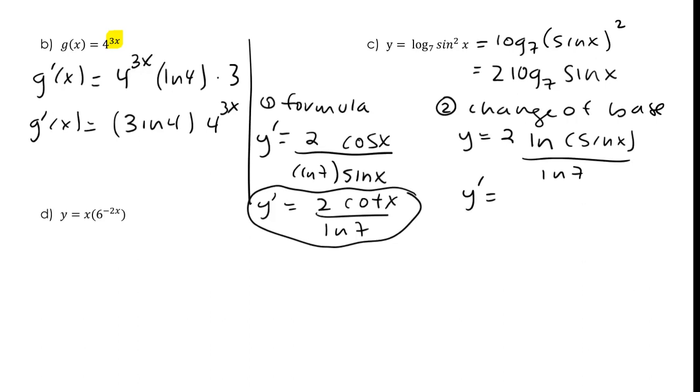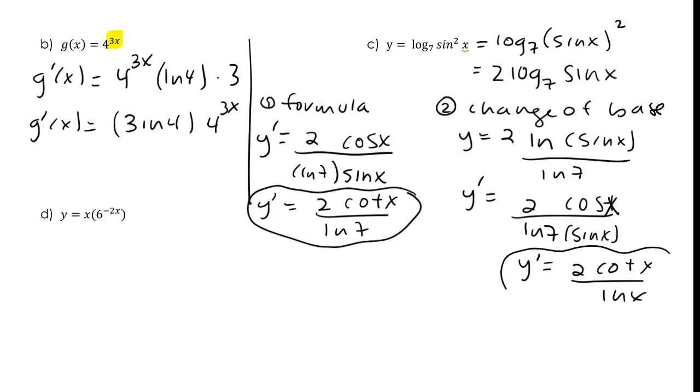So now when I go to take this derivative, 2 over natural log 7 is my scalar. Whatever you take the natural log of, that goes in the denominator, and the derivative goes up top. And then, just like we did before, you could rewrite this as 2 cotangent x over natural log of 7. Again, I did both ways. You pick.